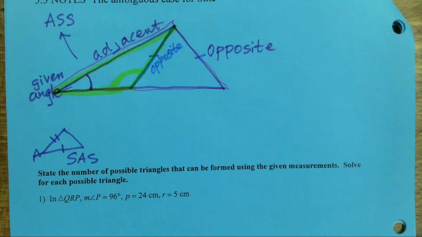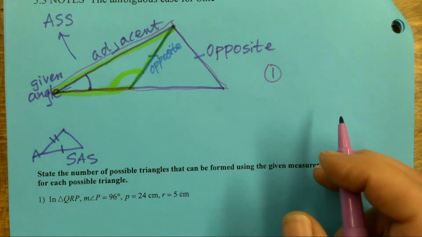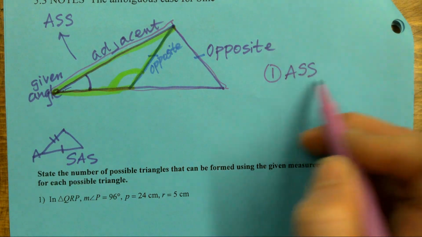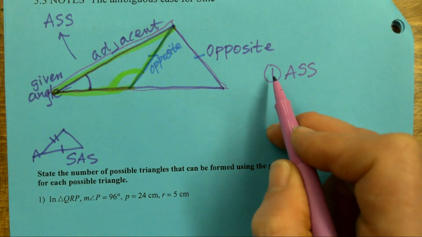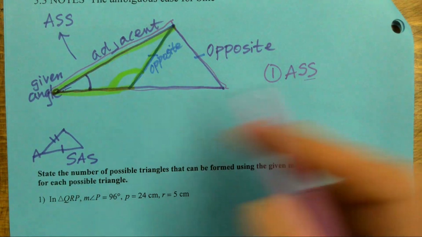Our job is to figure out if this can happen, and it takes some specific things to occur. First of all, number one, I don't need to worry about it or look at anything else if it is not this. If it is this given information, then I have to check for two solutions.